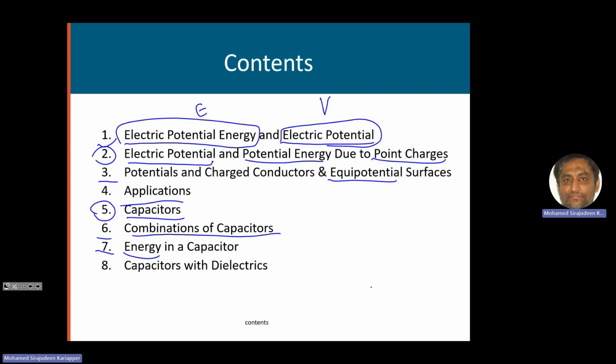Then we will see what happened in this, we saw capacitors, right, in chapter 15, two plates, one is positively charged, one negatively charged. This is called the capacitor. So that is how we store electricity in a capacitor. And we will see what happened in the gap between the plates if we put an insulating material, which is called the dielectrics. So this is the overview, the contents of this chapter.